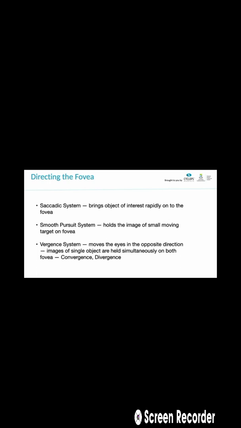The vergence system moves the eyes in opposite directions so that the images of a single object are held simultaneously on both foveae. It could be convergence or divergence, and we'll be dealing with all these systems individually and in much more detail.